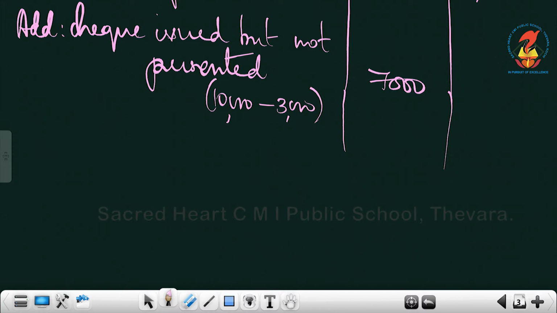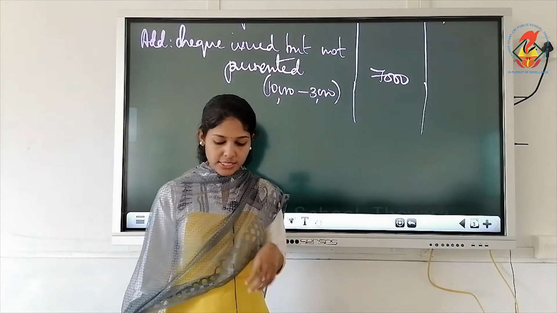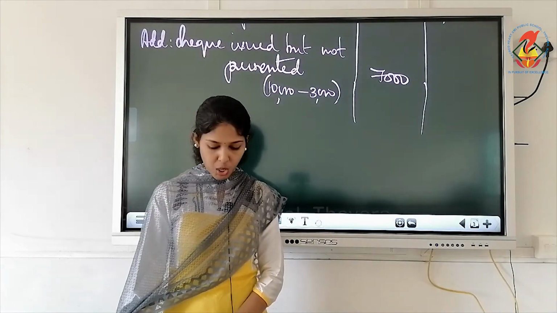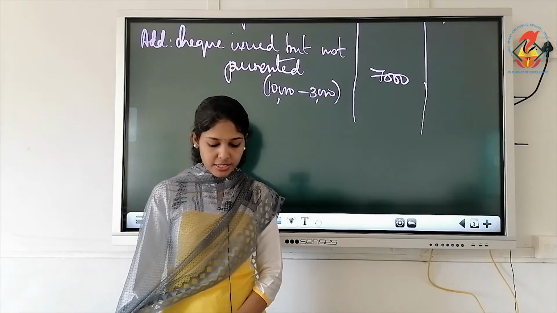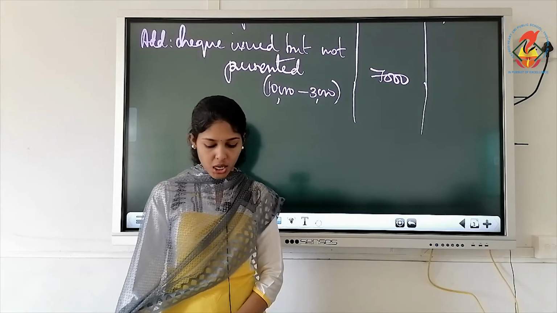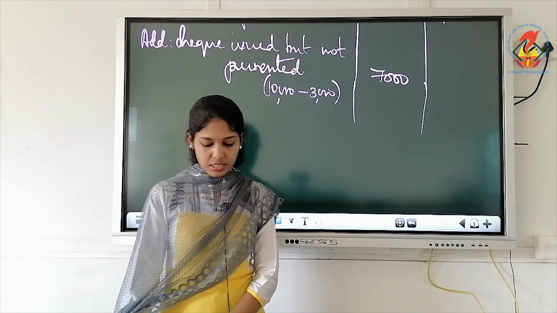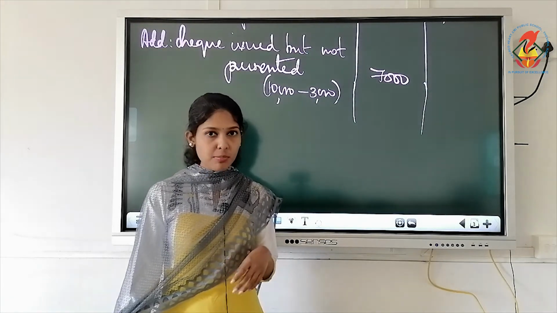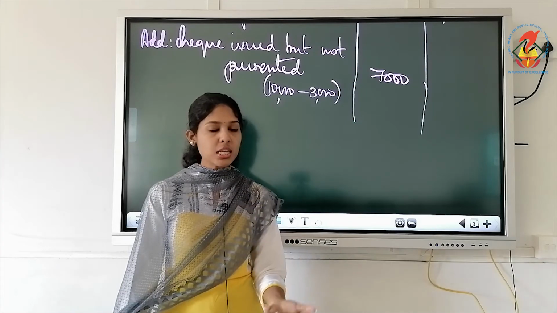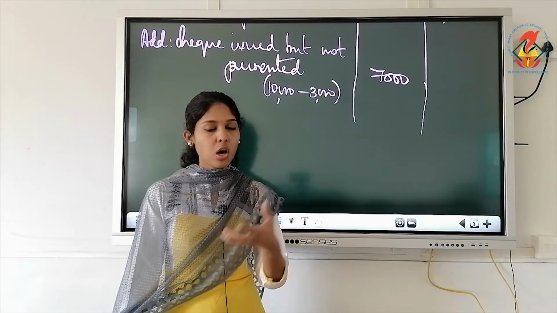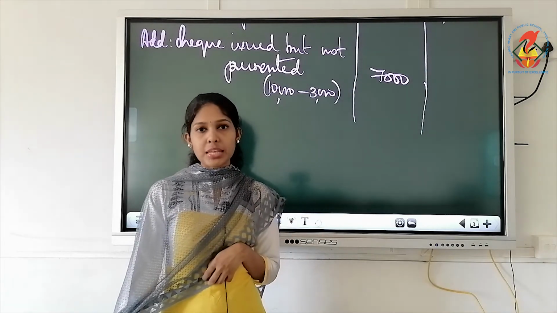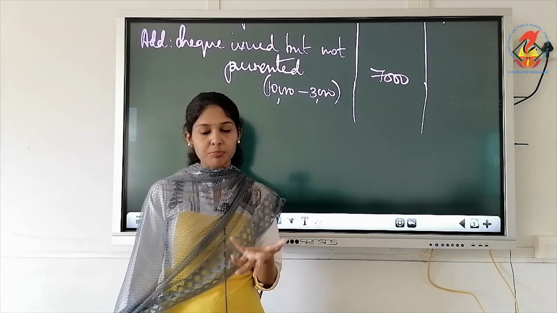Then the next one, out of total cheques of 5,000 deposited, cheques aggregating 1,500 were credited in March and balance were credited in April. Okay, which item is this? Cheque deposited but not credited, or but not collected or cleared. All these you can name it, or all these you can refer.